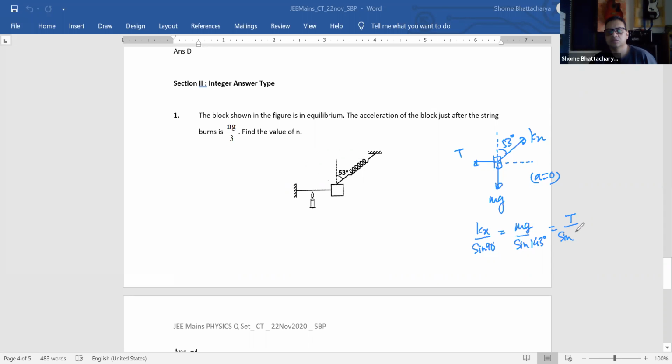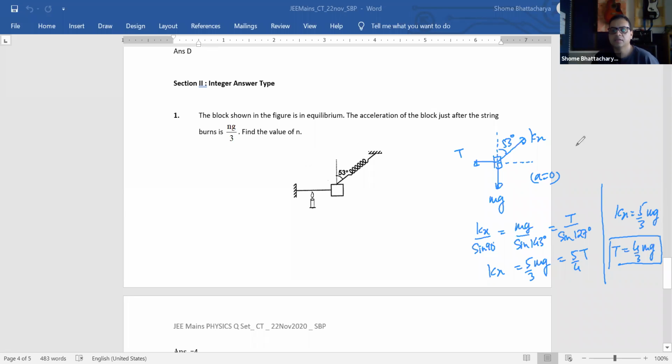So Kx is equal to 5 by 3 mg, is equal to 5 by 4 T. So you have this. Okay. So from this you can see that Kx is equal to 5 by 3 mg. But more importantly, this tension is equal to 4 by 3 mg.